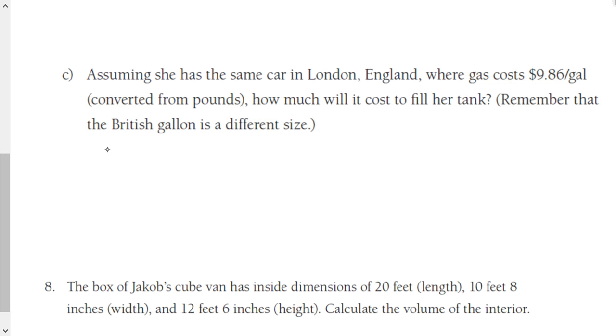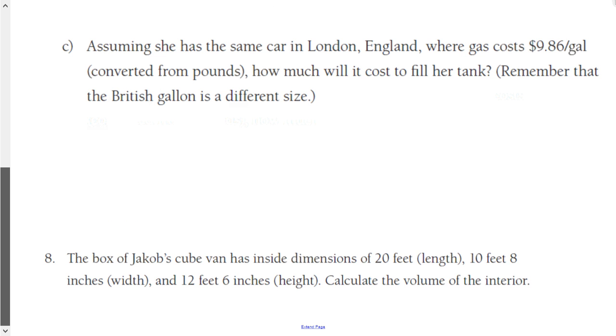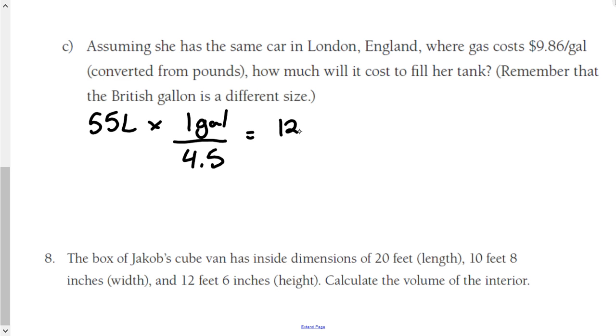So our car is 55 liters times 1 gallon over 4.5. 55 divided by 4.5 gives us 12.2 gallons times 9.86, which should give us 120.51.